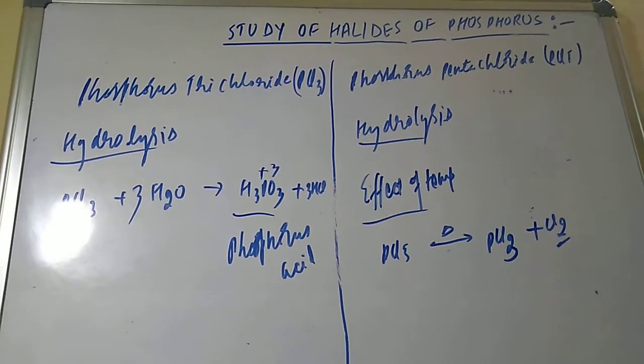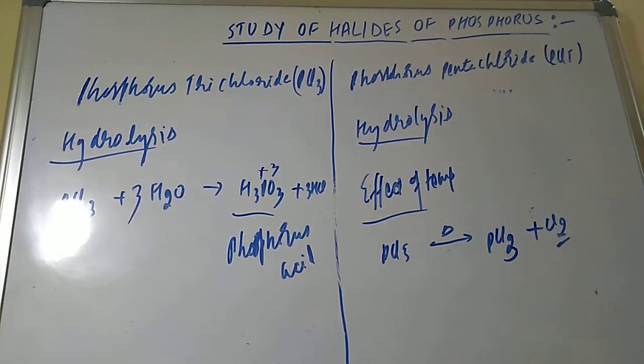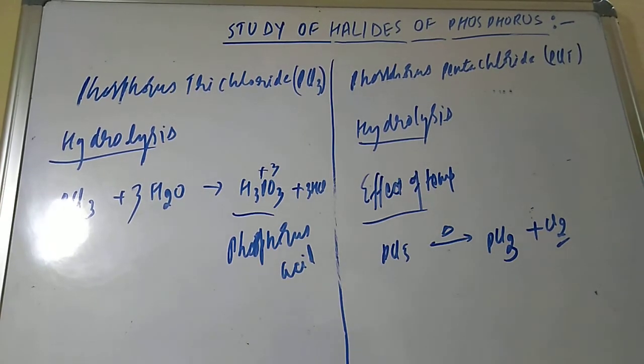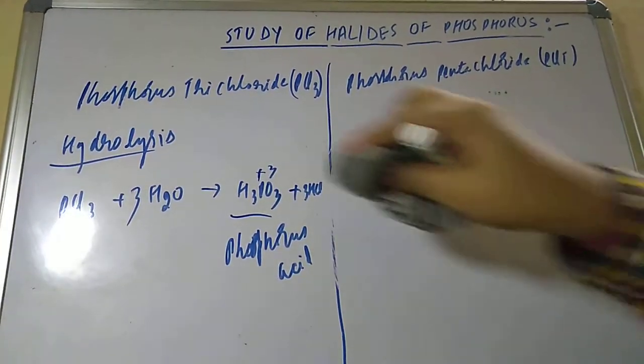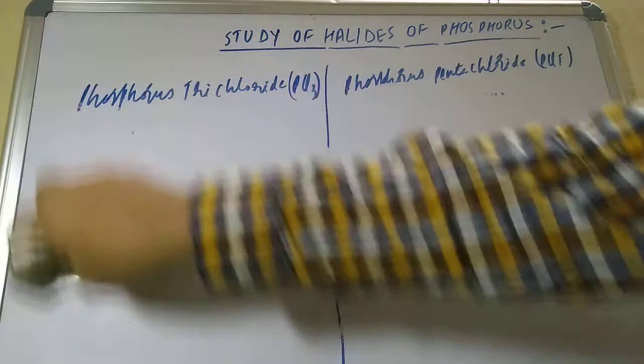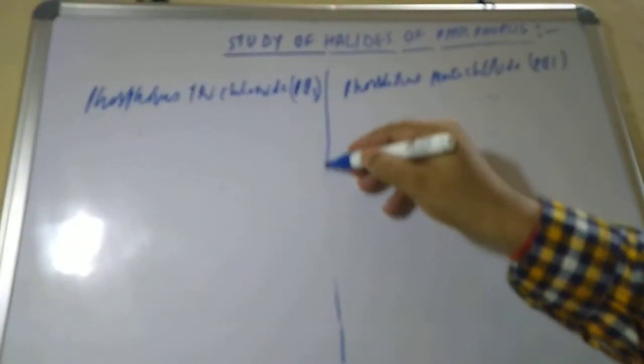This is the decomposition reaction. If you heat PCl5, it will decompose into PCl3 and Cl2.